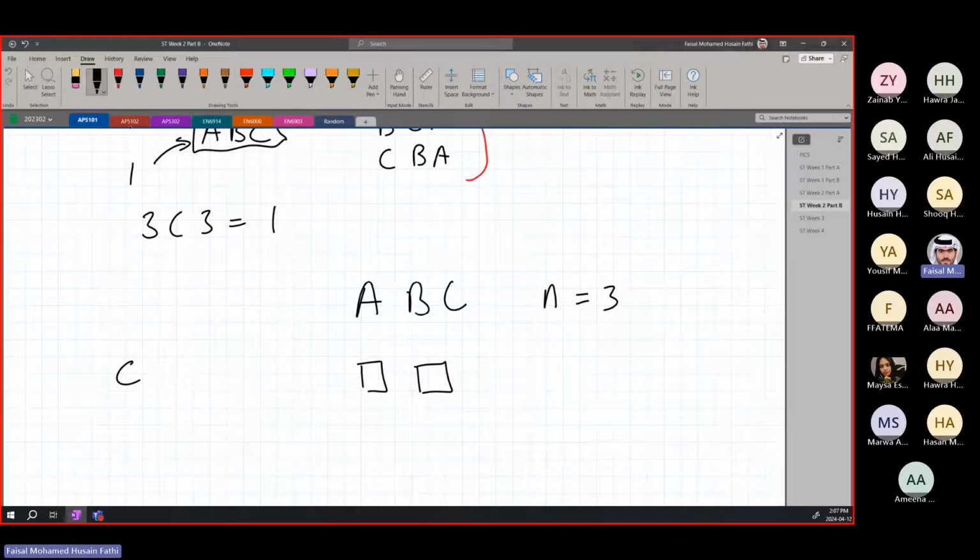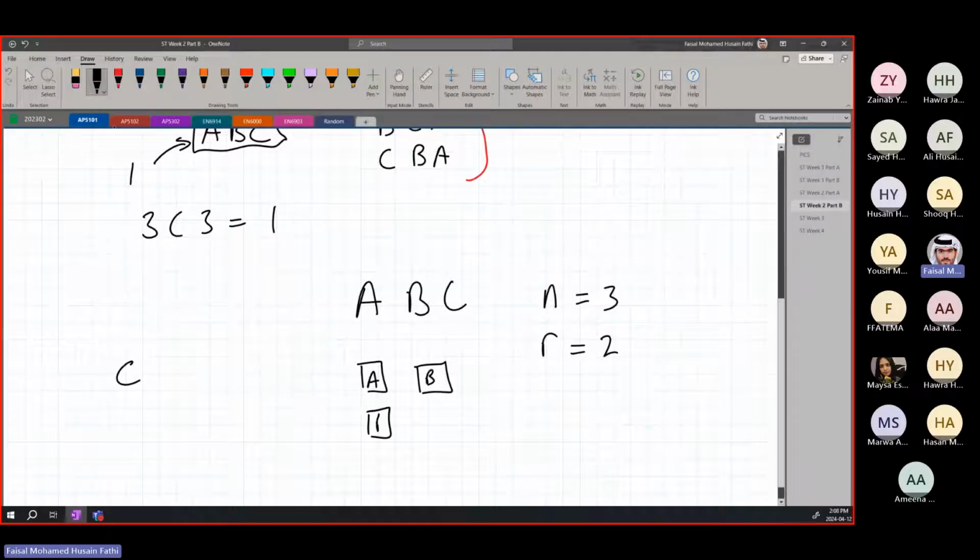We have 3 things to choose from, which is A, B, and C, but R is only 2. We only have 2 boxes to fill. In the case of combination, we can write it as A and B, B and C, and A and C.